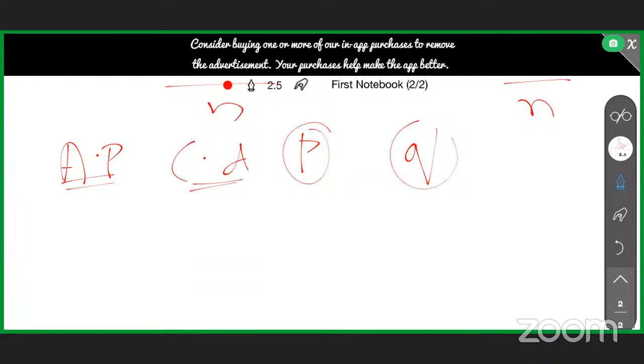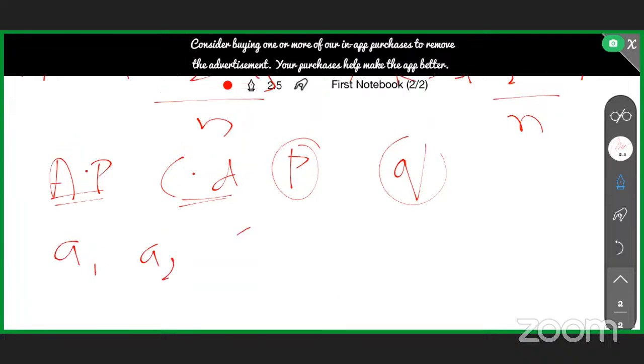If we say something is an AP, what is the underlying condition? The common difference is the same. If I take A1, A2, A3, A4, A5 up to AN, the common difference is the same.